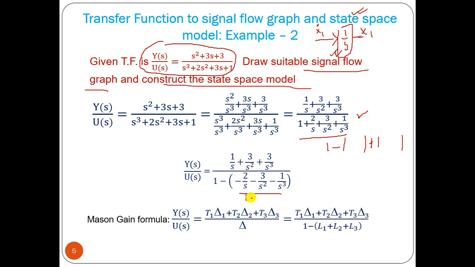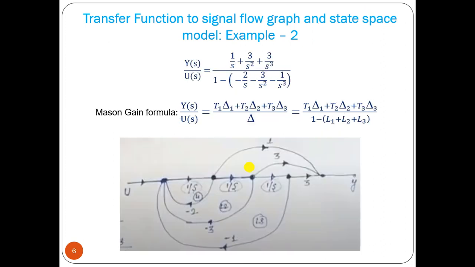These are loop 1, loop 2, loop 3. We don't have any non-touching loop, and we have 3 forward paths. So T1 delta 1 plus T2 delta 2 plus T3 delta 3 by delta. Now delta 1, delta 2, delta 3 we can consider as 1. So what we can do, we can form the signal flow graph.